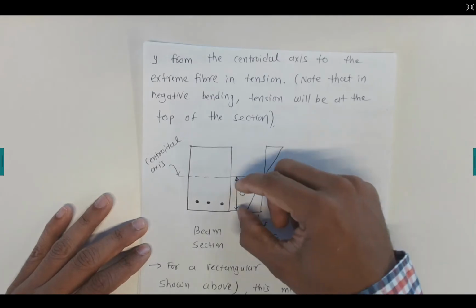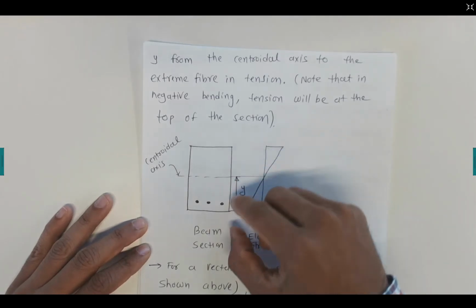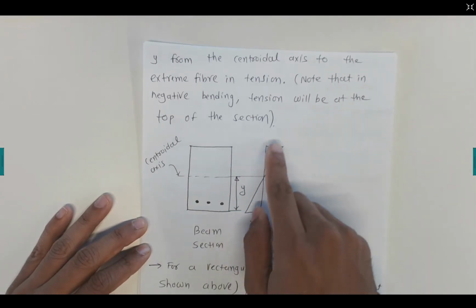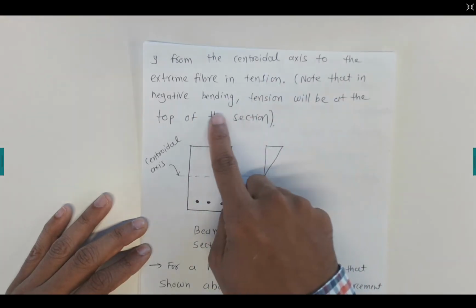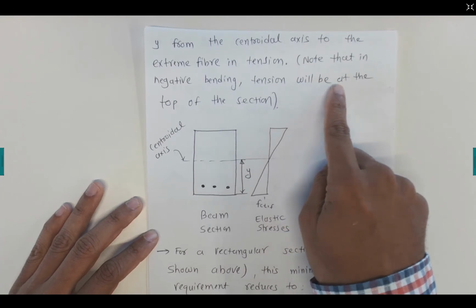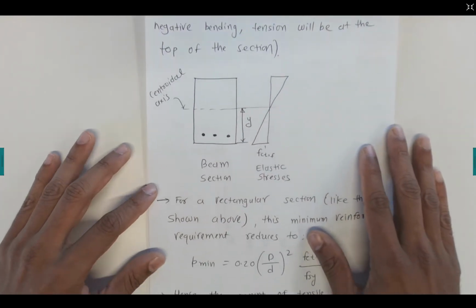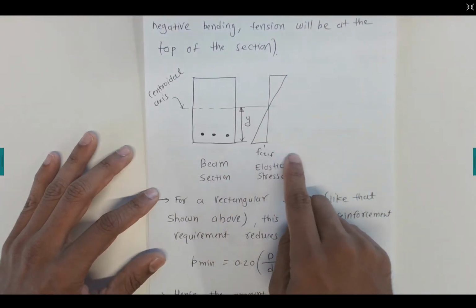The y distance is from the centroid axis to the extreme fiber in tension. Note that in negative bending, tension will be at the top of the section. So this is just a beam section, and this is f'ct.f.